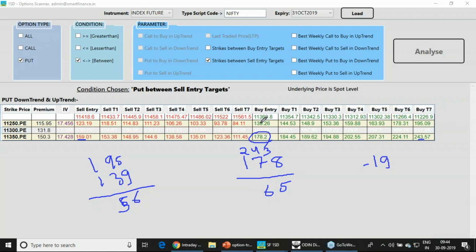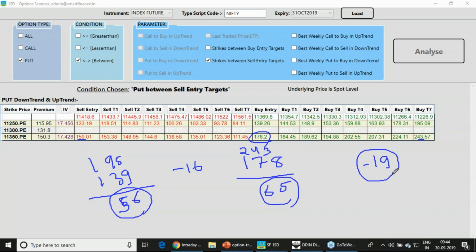And the stop loss, if you see here, is 123 to 139, so 16 rupees of liability is there, and 56 rupees of reward is there. The other one has 65 rupees of reward and 19 rupees of liability. This is what we have analyzed. Can anyone give me a strategy out of that?